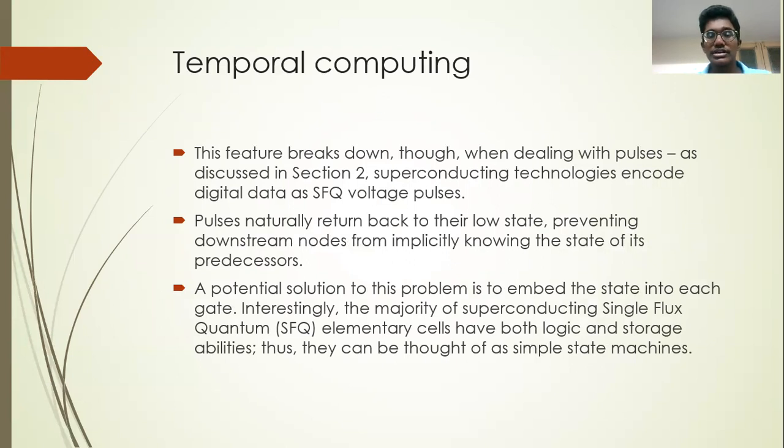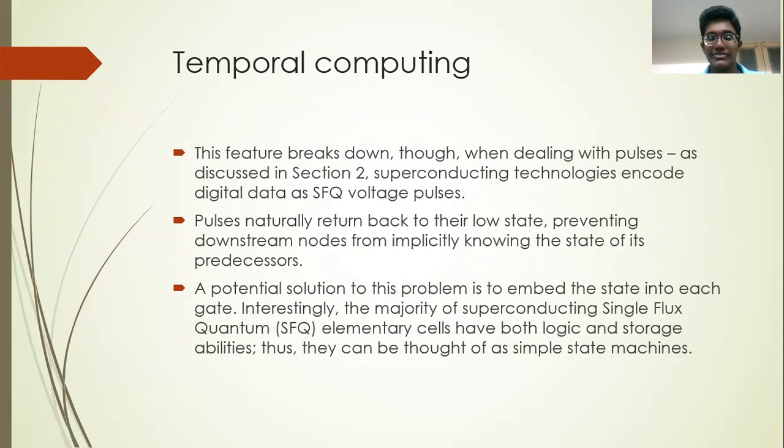This feature breaks down though when dealing with pulses, as discussed in section 2. Superconducting technologies encode digital data as SFQ voltage pulses. Pulses naturally return back to their low state, preventing downstream nodes from implicitly knowing the state of their predecessors.